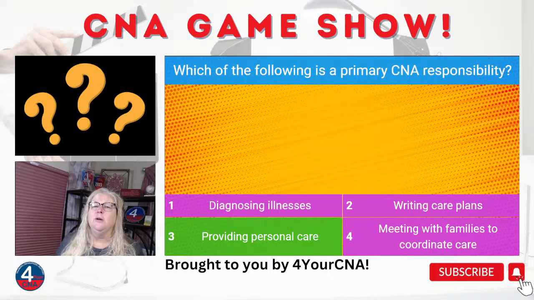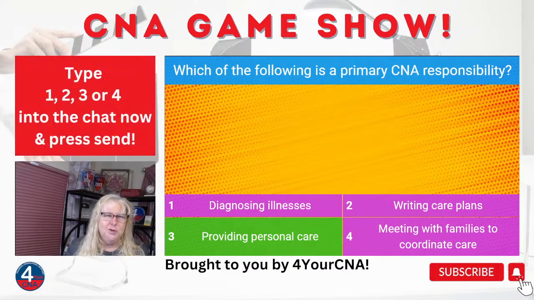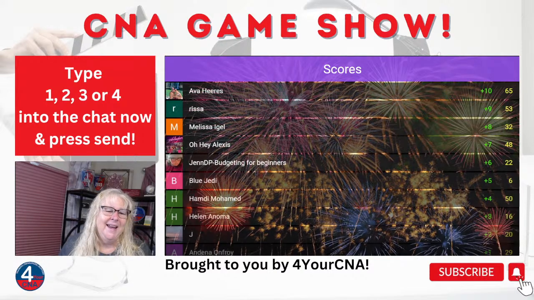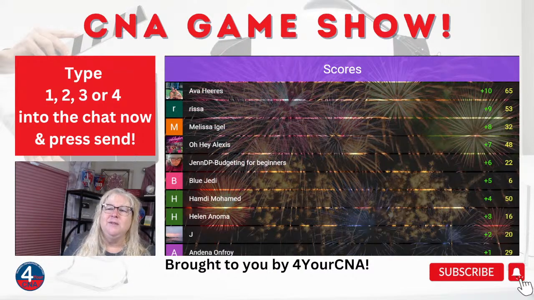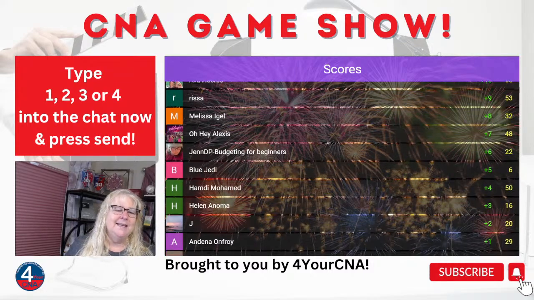So that's going to be the care plan team. As a CNA, our responsibility here is to provide personal care, basically to help patients that can't do things that they normally do themselves, right? Okay. Ava came in first, followed by Rissa, Melissa, and Alexis.